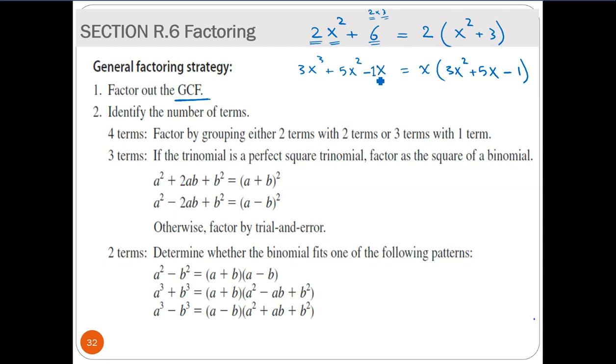Okay, Rawan, the coefficient of x is negative 1, so put negative 1.